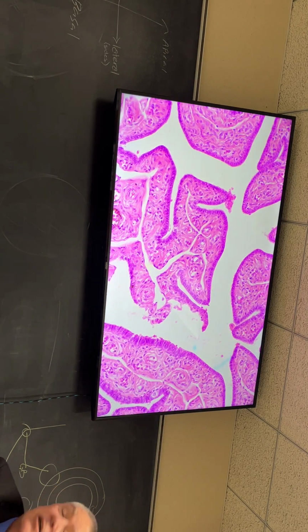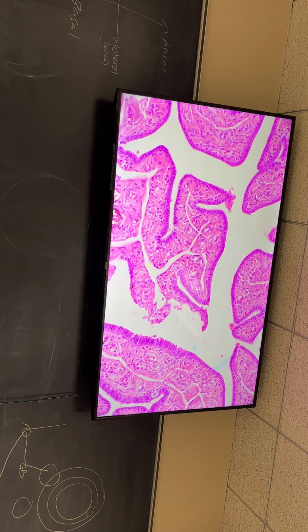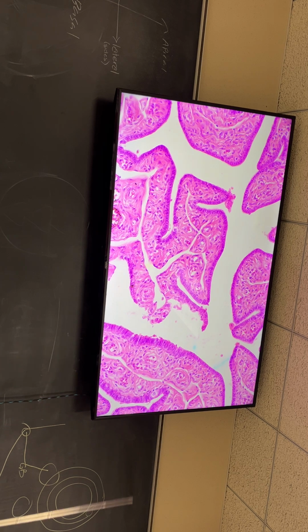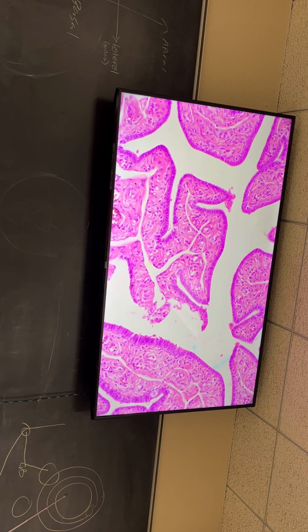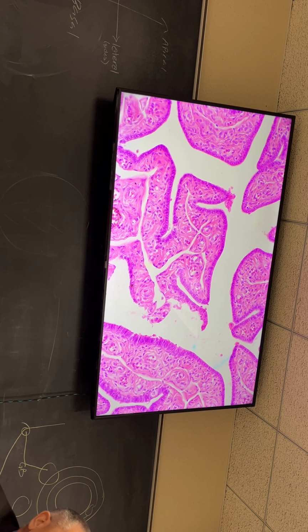Can't miss it, right? Everybody can see the epithelium, the lamina propria is this region here, right? Muscularis mucosa, is that listed? No, it's not listed.